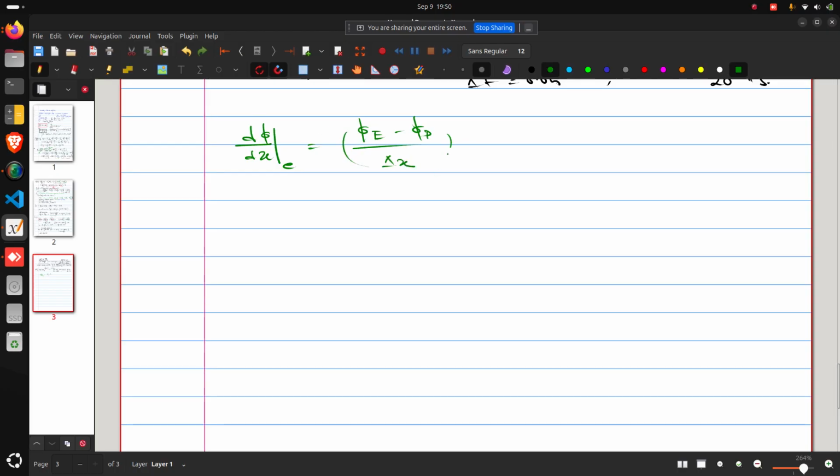We had taken the linear profile assumption. If you remember, this is p, this is e, and we assume that the value of phi is varying linearly from point p to point e, and it's very easy to get the gradient at the face, right? This sort of gave us a second order accurate scheme, right? If you remember.